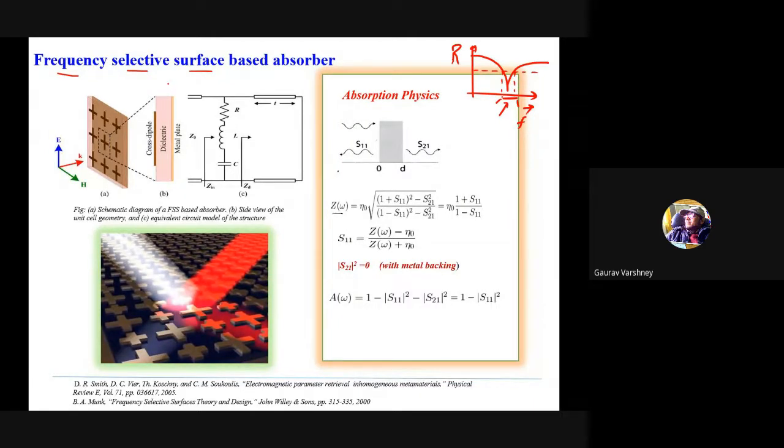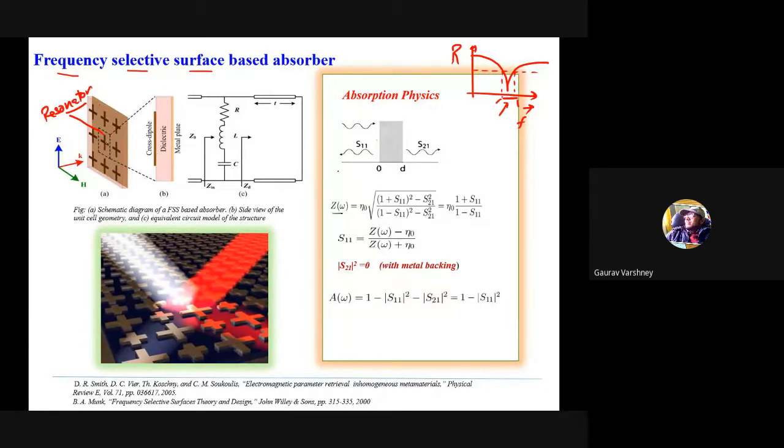So here the basic concept is, if we just want to implement an absorber, this is a single unit that we are seeing over here, and this is a plus shape geometry, or cross shape geometry. This is called the resonator.